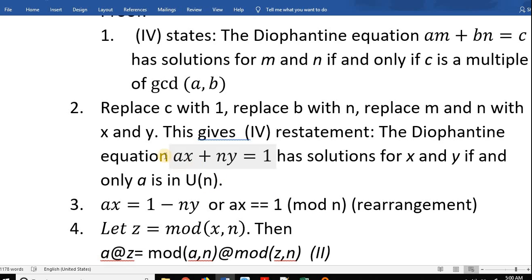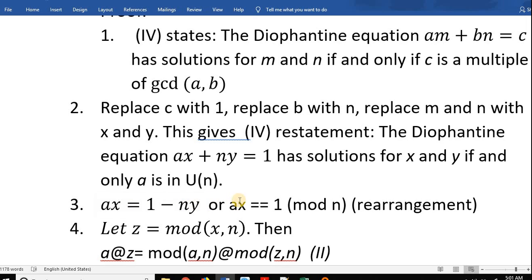And we now have this statement here where we have our given a, and we have our base n, and here we've replaced with 1. And this statement has solutions for x and y, if and only if a is in U of n, which is our hypothesis. And then we go through and we want to show that that mod of xn is actually the inverse of a.